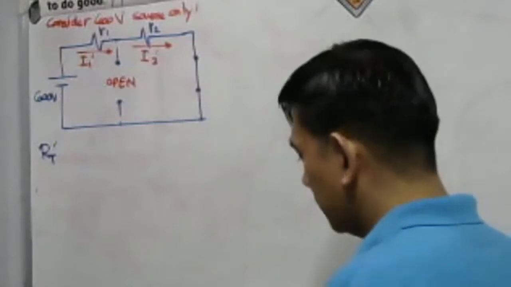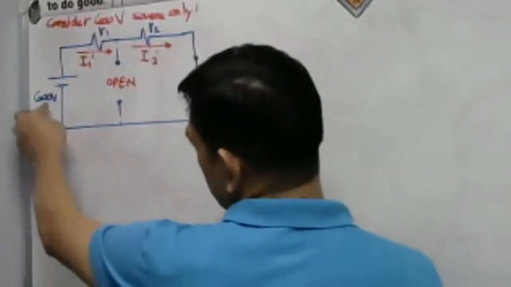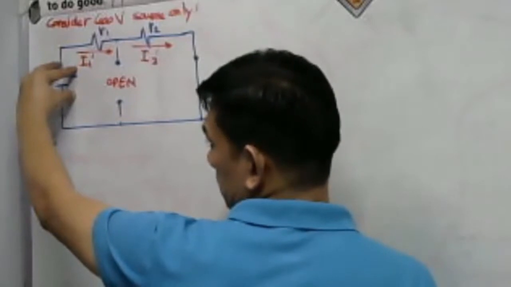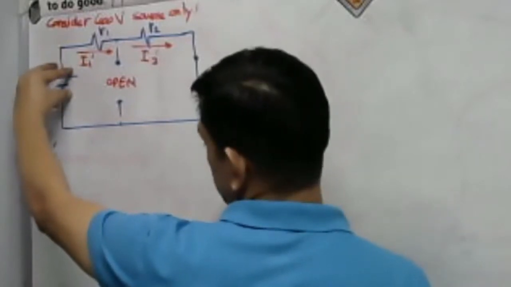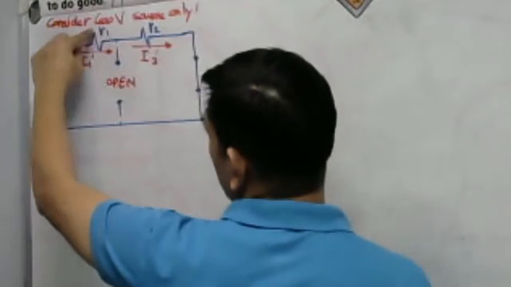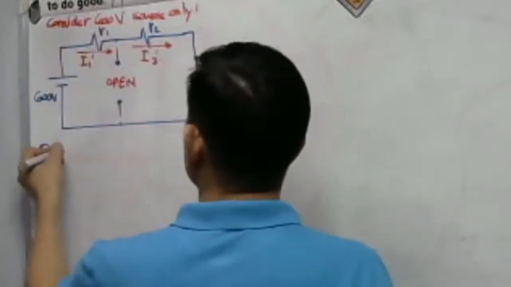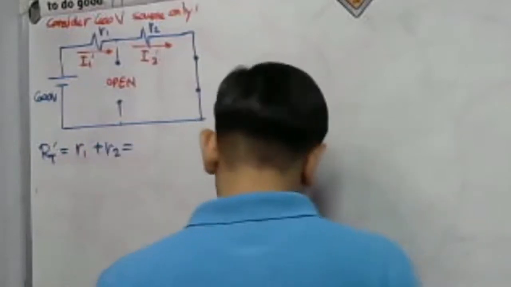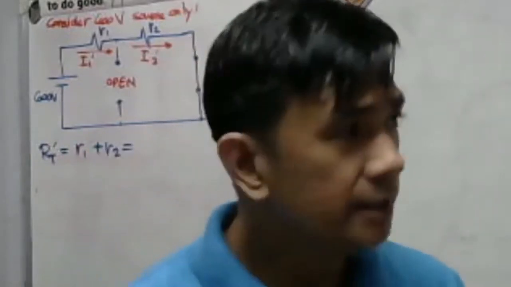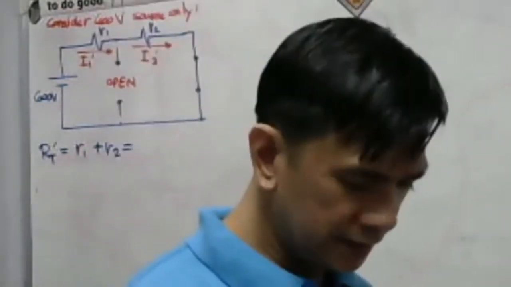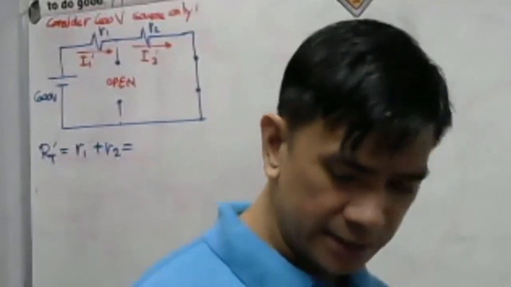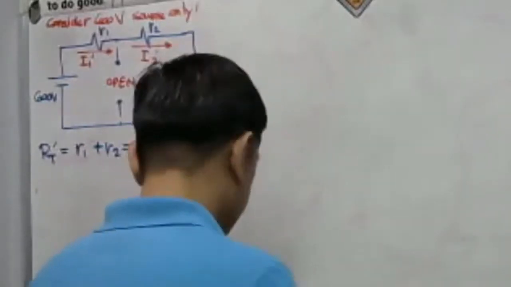Okay, meaning we have to replace our voltage source with an ohmmeter. The ohmmeter will measure the series combination of R1 and R2. Therefore, it's simply R1 plus R2. Okay, we already calculated R1, which is 1.2 plus 1.8, that's 3, right? Okay. So that is 3 ohms.